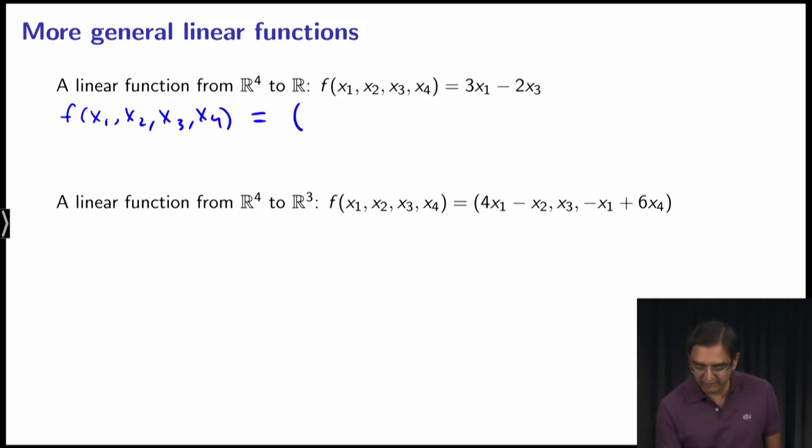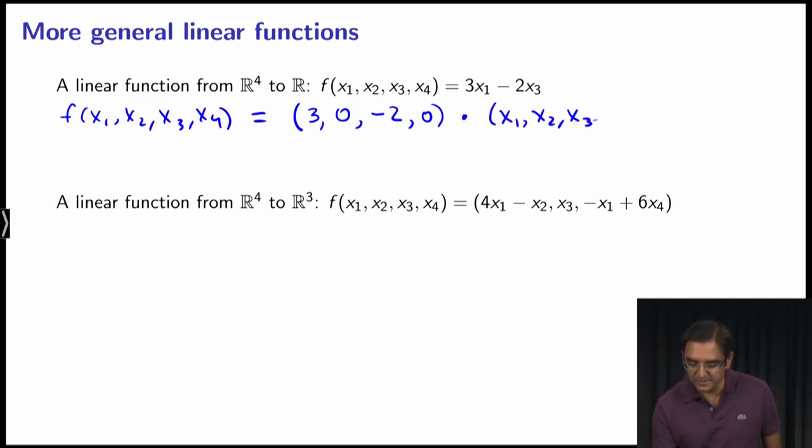The coefficient for x1 is 3. The coefficient for x2, there is no x2, so let's make that a 0. The coefficient for x3 is -2, and the coefficient for x4 is 0. So it's (3, 0, -2, 0) dot (x1, x2, x3, x4). This is how we write down this linear function using a dot product.